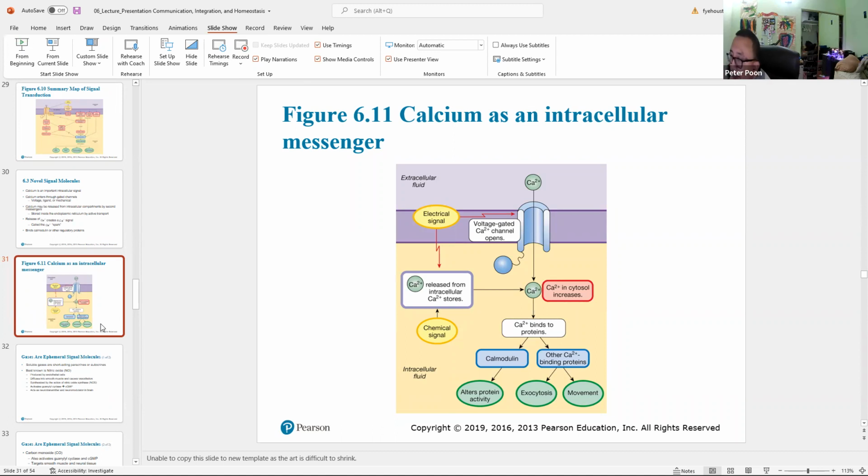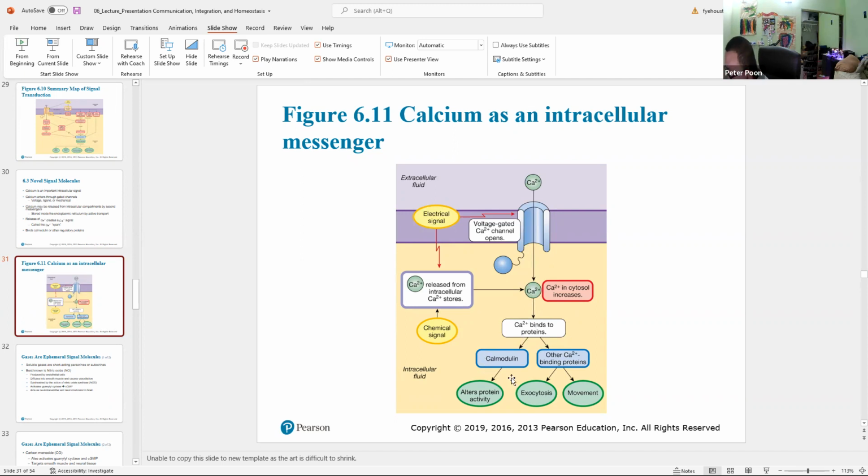You get an electrical signal, you open this voltage-gated calcium channel, the calcium runs into the cell, and then the calcium binds to proteins, especially calmodulin.